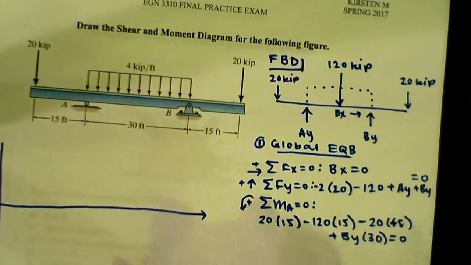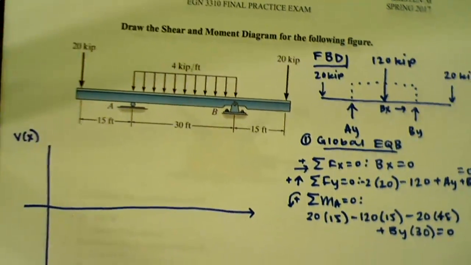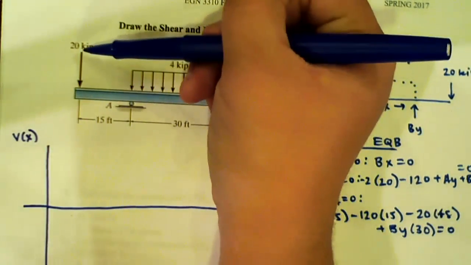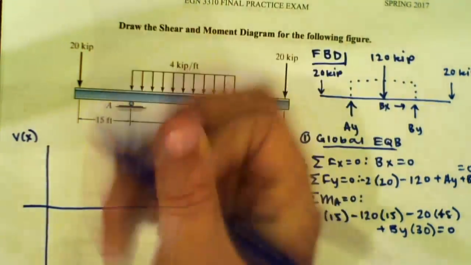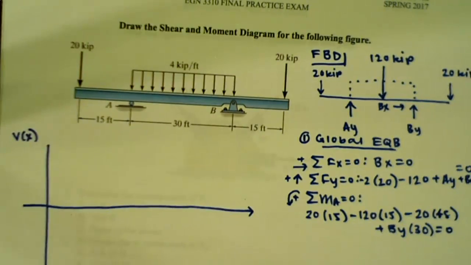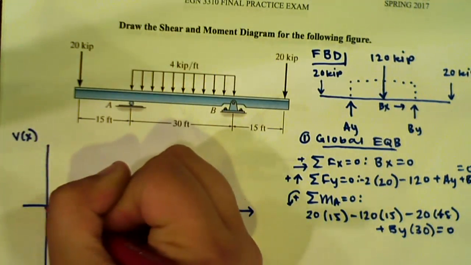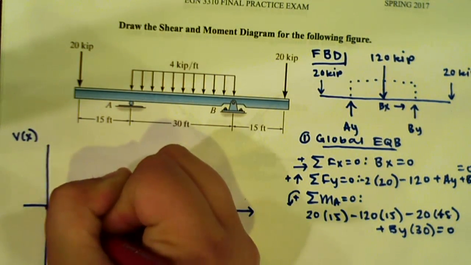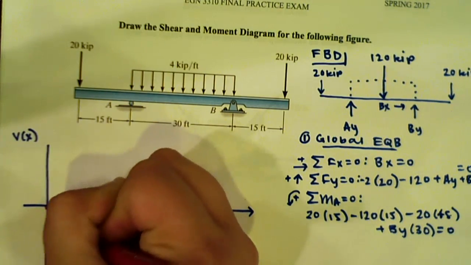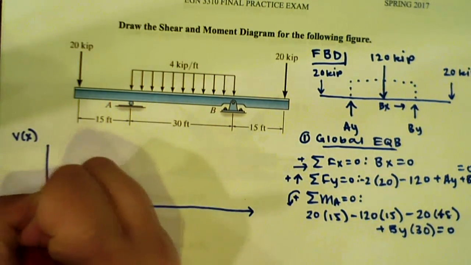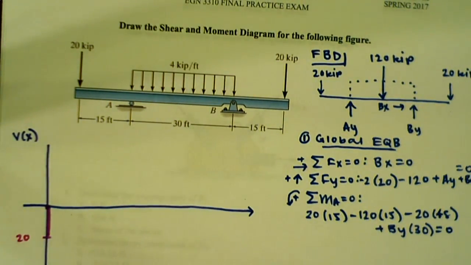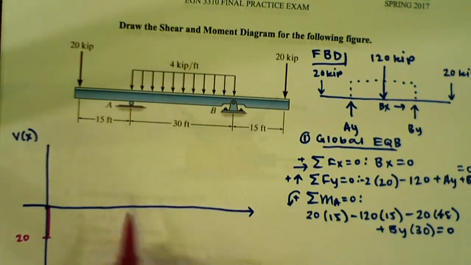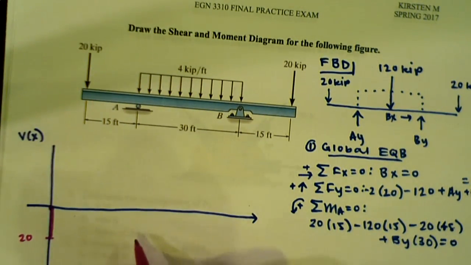So in this case, you can see that there's a 20 kip force acting downwards. So right off the bat, we know that we're going to start at 0, but it's going to go down 20 kips. And from there, it's going to stay constant the entire way to our distributed load.